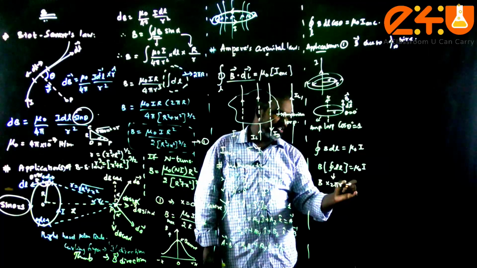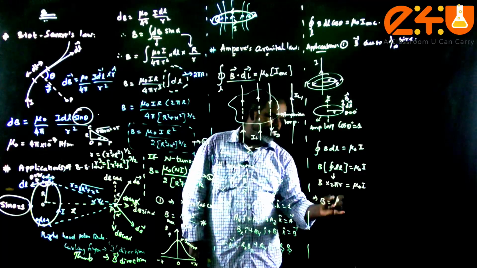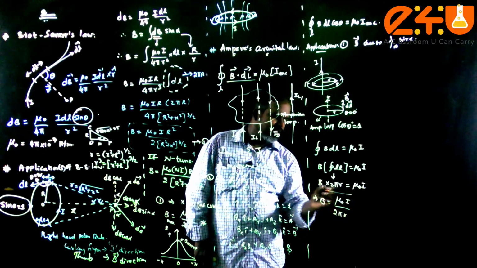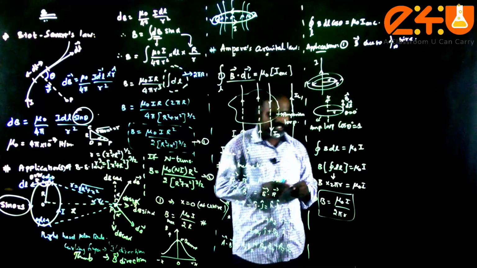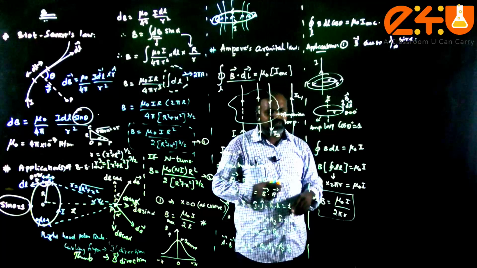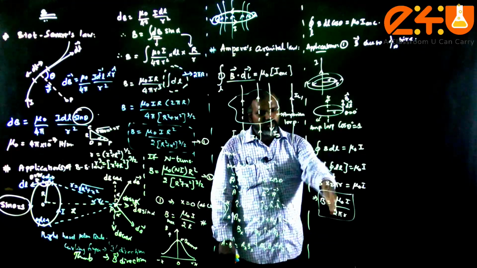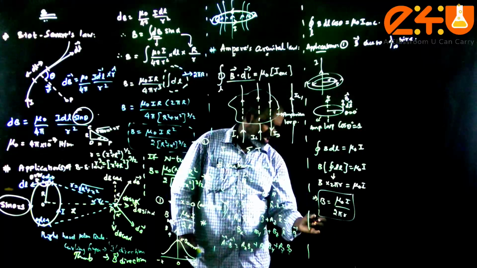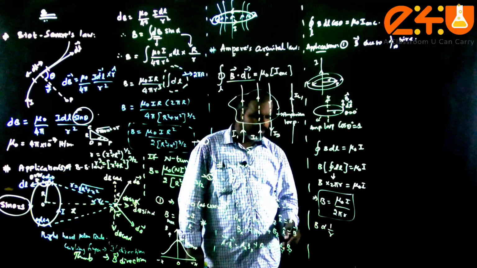So B into 2 pi r is equal to mu naught I. So from this I can say that B is equal to mu naught I divided by 2 pi r. So when compared to the lengthy derivation done for an infinite long straight wire or finite wire, it is easy to get the relations. So here you just see that B is inversely proportional to r and B is directly proportional to I.